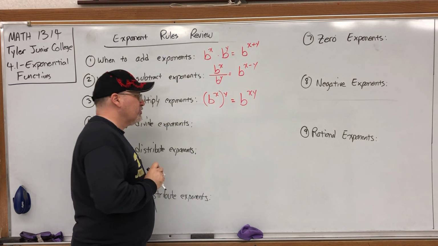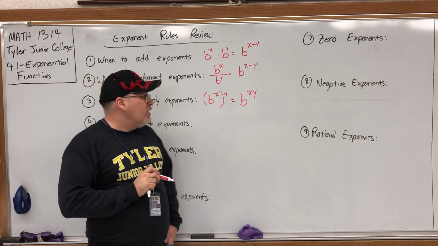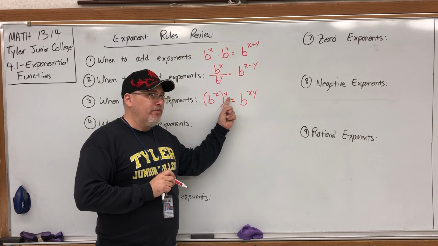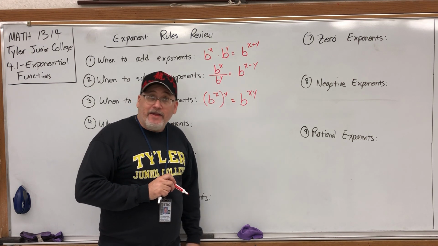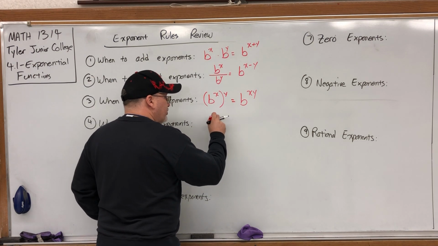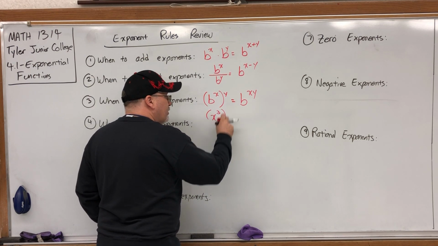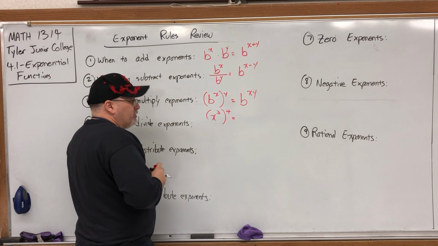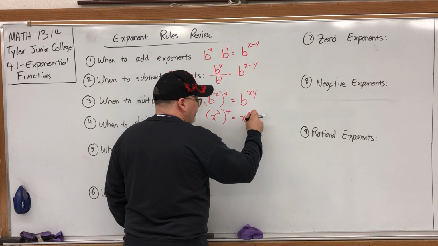The nice thing about this rule is that it looks correct. When you have back-to-back exponents, they almost look like a multiplication problem in their own right, and they are. So for example, if we had something like x to the third power raised to the fourth power, then we would just multiply 3 times 4 and get 12.